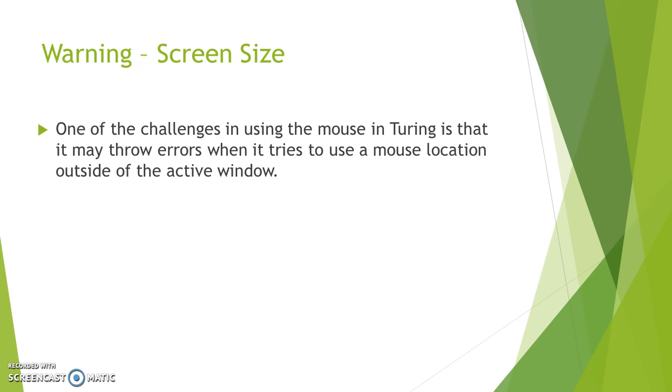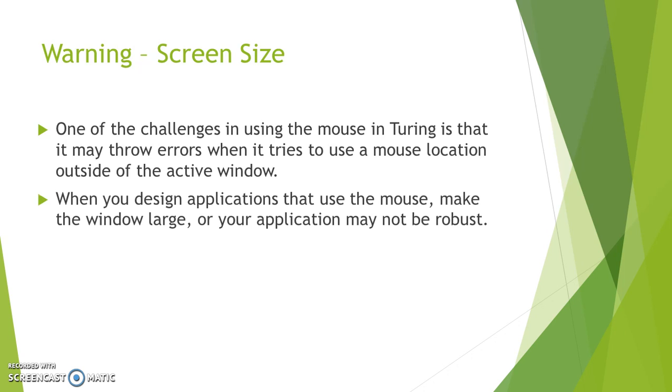It can only place text or graphics inside its own window, and if it tries to use a mouse location outside of that window, it'll throw an error and crash. Now, when you design applications that use a mouse, for starters, be sure you make the window large. If you do that, your application will be more robust inherently. So one way to do that is just set the graphics to maximum.